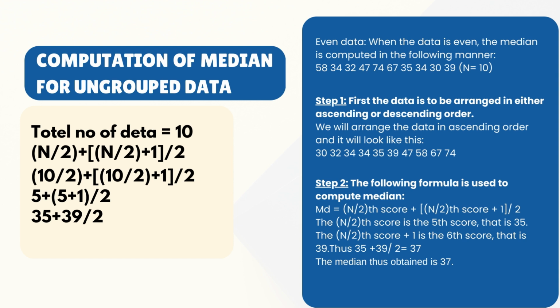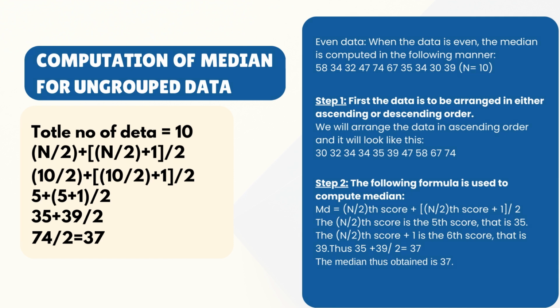Then the n by 2 plus 1 position is the sixth position, which is of course 39. So when we add 35 plus 39 and divide by 2, you will get the median score, 37.